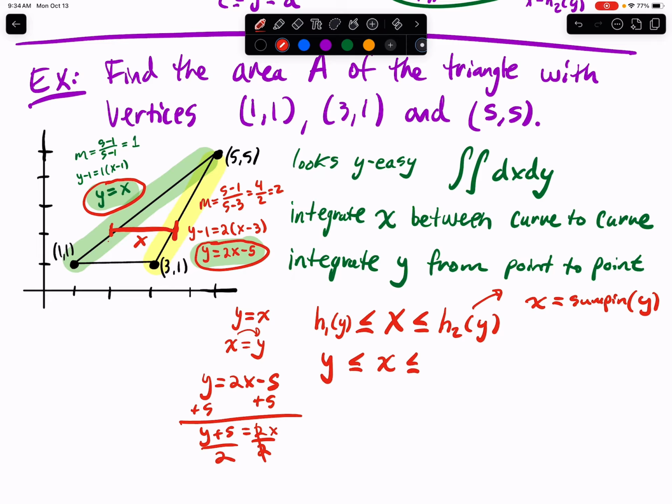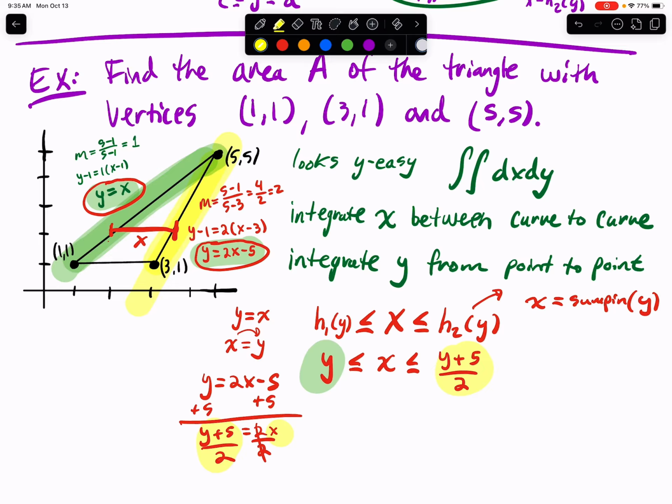And so I get x equals y plus 5 over 2. So my x value runs from this side here, y equal x, which is x equal to y, and then y equal 2x minus 5, which becomes x equals y plus 5 over 2, right there.